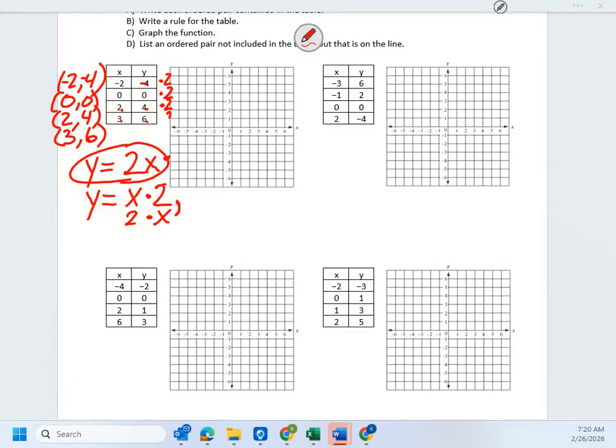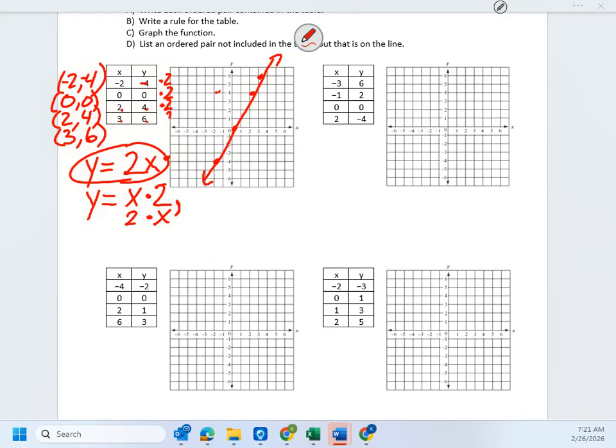Then we're going to graph it. So negative 2, negative 4; 0, 0; 2, 4; 3, 6. Now, when I first started, I forgot that there was a negative 4. I started to put my point up here. My way of checking, saying, ooh, did I graph correctly or did I make that really simple math mistake, is that my points should all be on the same line.